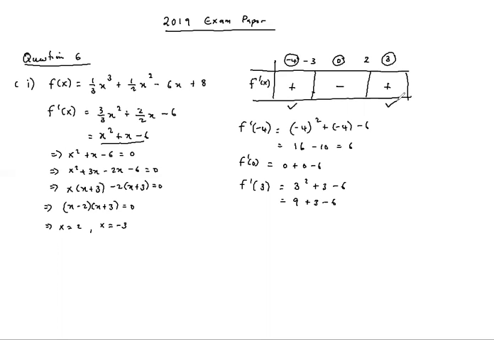Okay, so you say f of x is increasing from negative infinity to negative 3 and 2 to infinity. It is decreasing from negative 3 up to 2. So we have these intervals using the table.